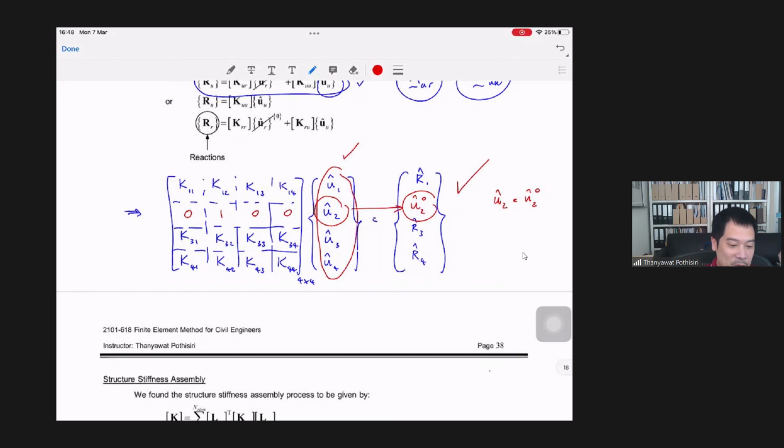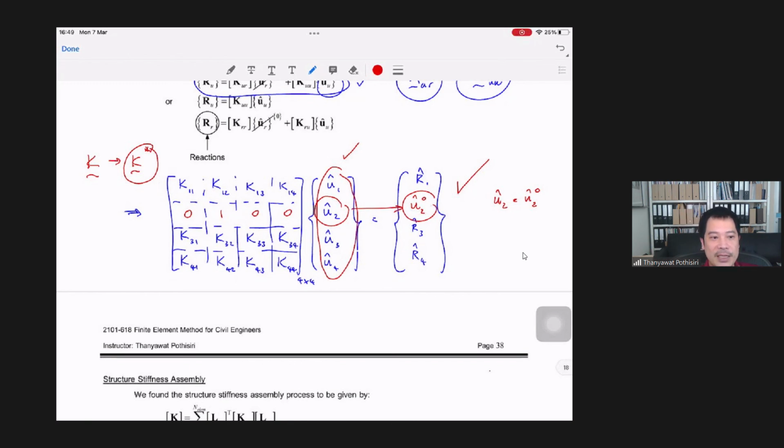So you can just modify your stiffness matrix K to what I would call K star. K star is the one where you apply boundary conditions, or the specified value of displacement, onto your stiffness matrix, and modify your system of equation accordingly.